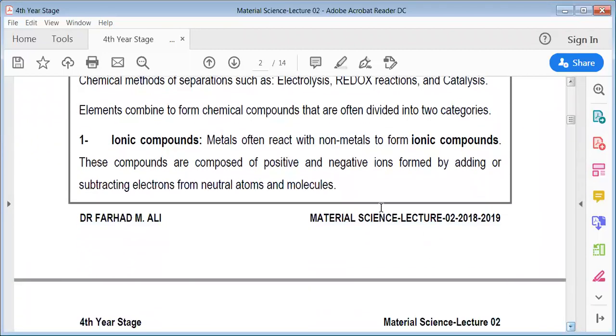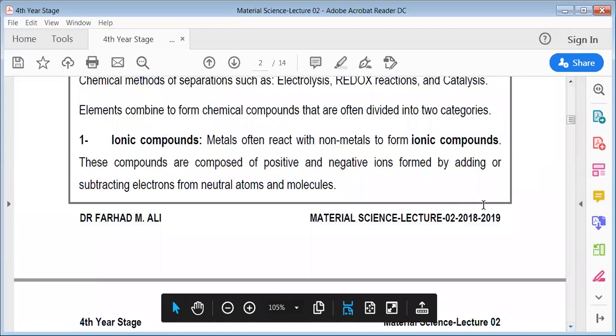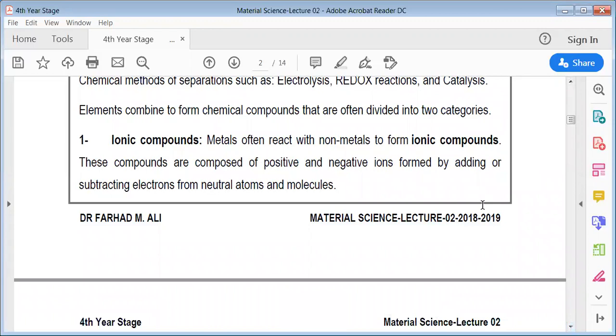As we said before, we have ionic compounds. For example, metals often react with non-metals. The metals on the periodic table are on the far left, and the non-metals are on the far right. The more you go to the right, the more non-metallic character, and the more you go to the left, the more metallic character.